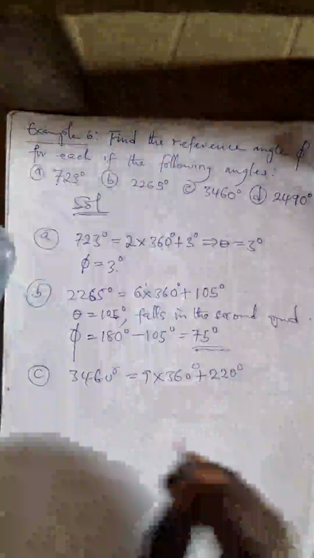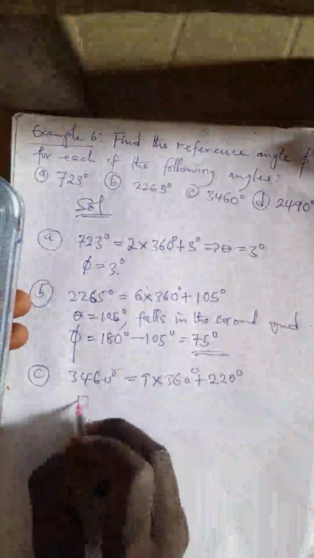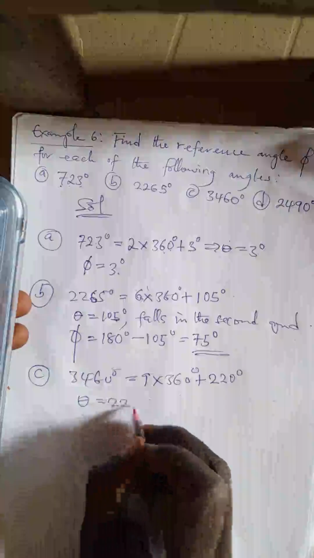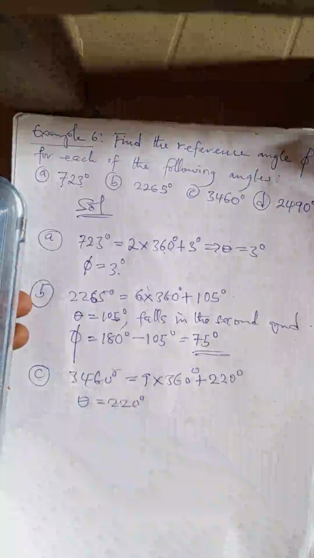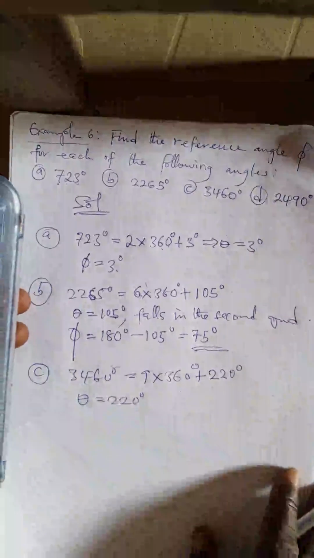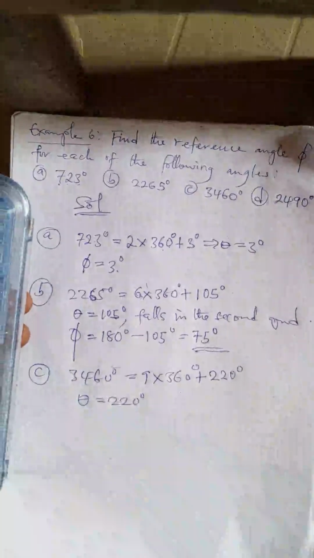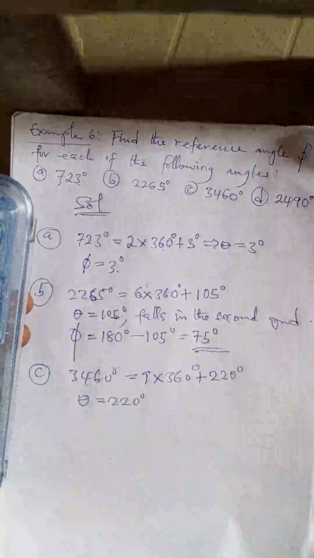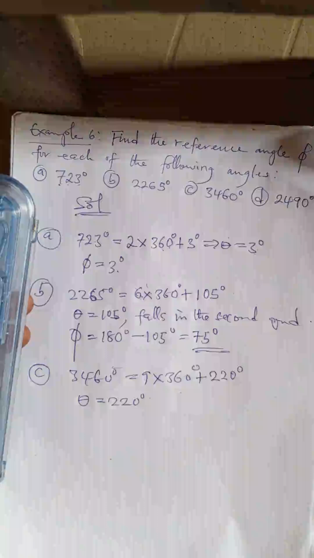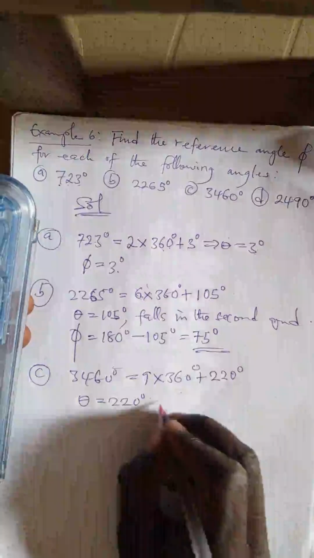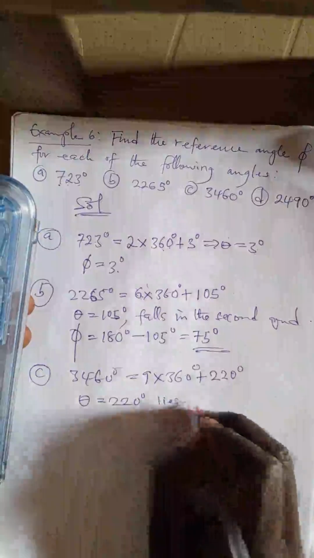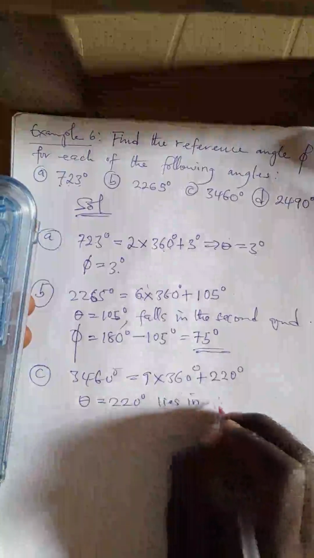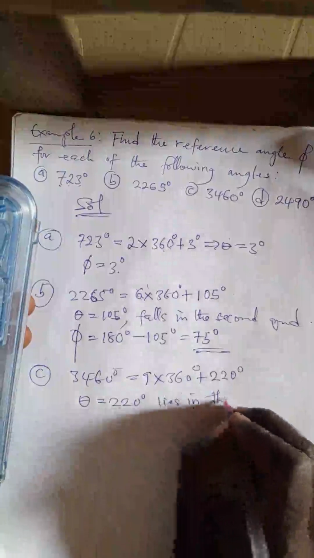So this is it. Now, it means we are taking the remainder. And so theta is equals to 220 degrees. But theta equals to 220 degrees lies in the third quadrant, because it is greater than 180 but less than 270 degrees.